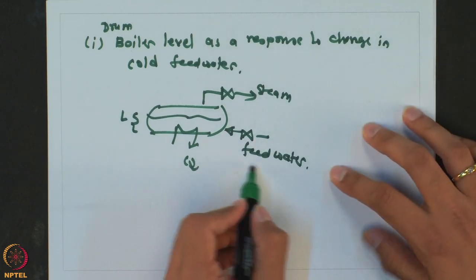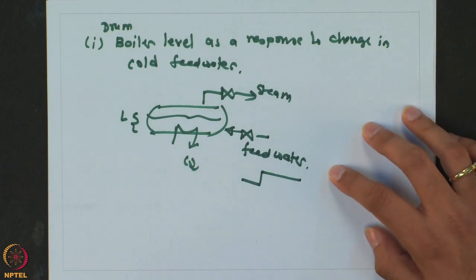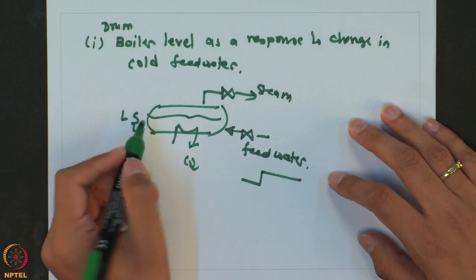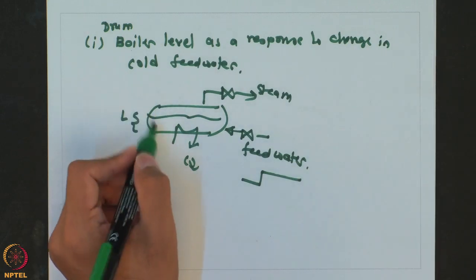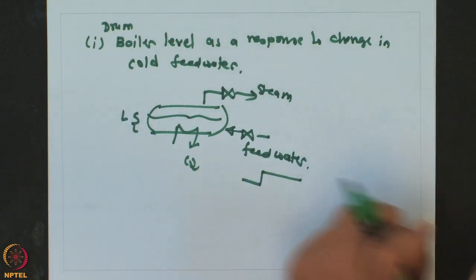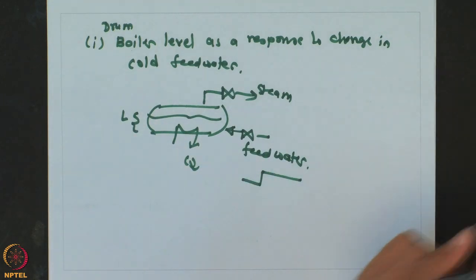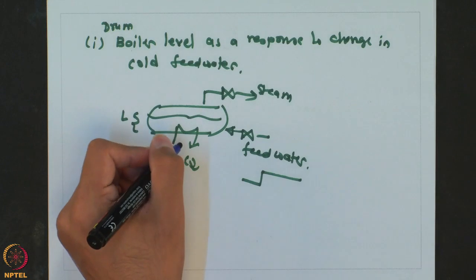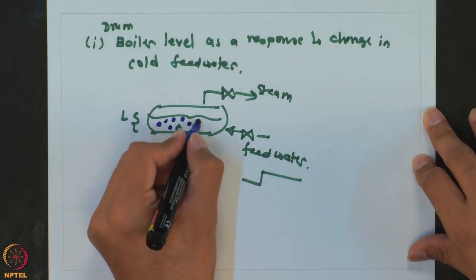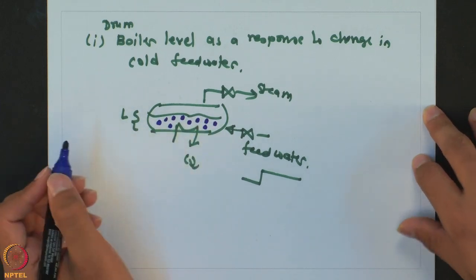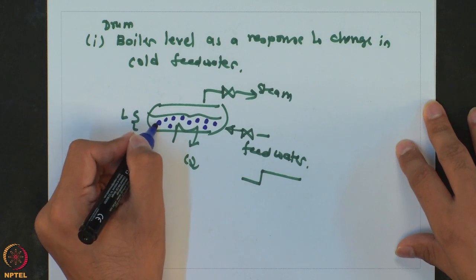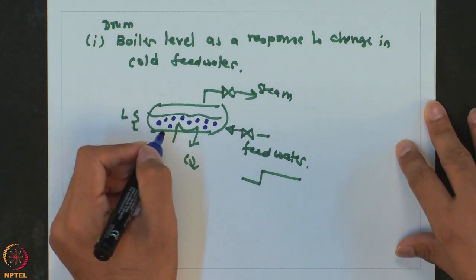So, as it turns out, when you increase the feed water flow rate, ideally what you expect is that the level should increase because you are adding more material into the process. However, what happens is whenever you have such kind of a system, when you are boiling this liquid, there will also be some bubbles of this steam which are inside the liquid, and the height is actually the addition of actual liquid height plus the rise in the height because of these bubbles.